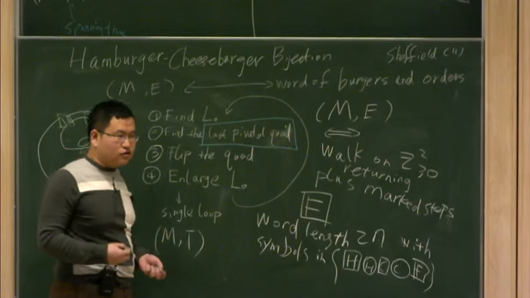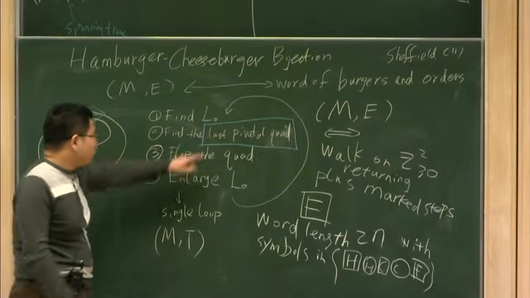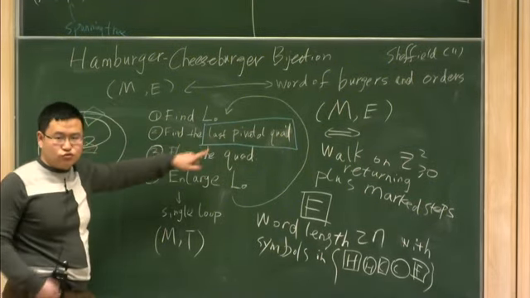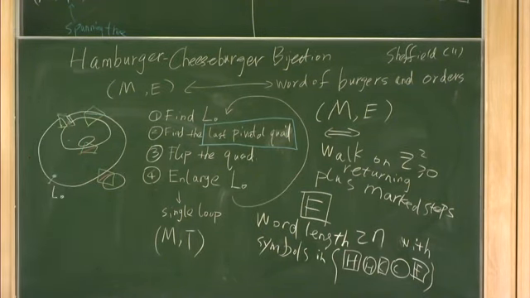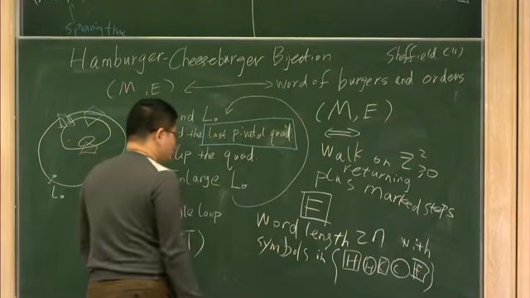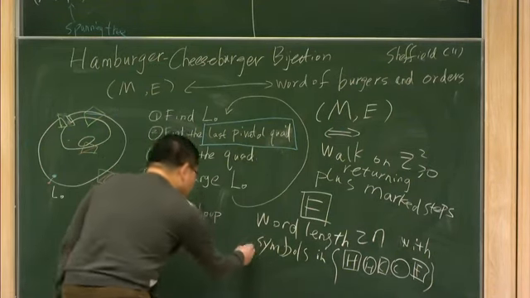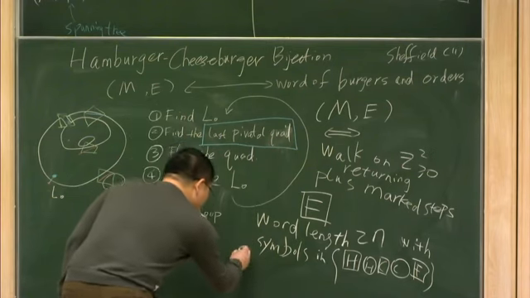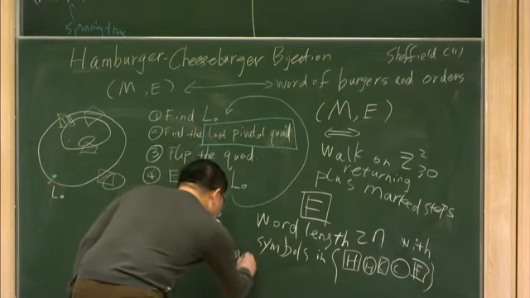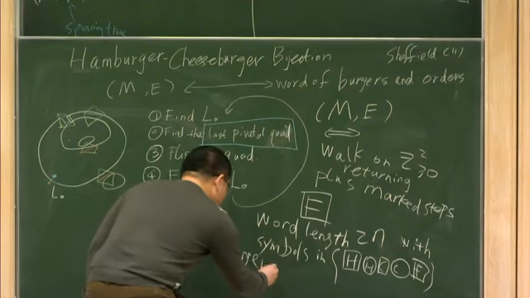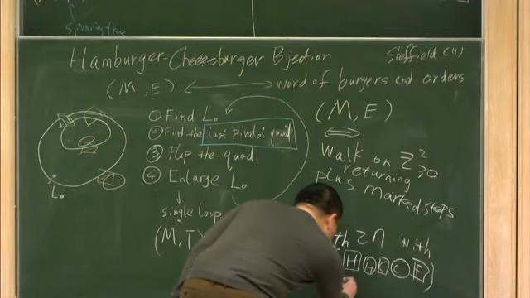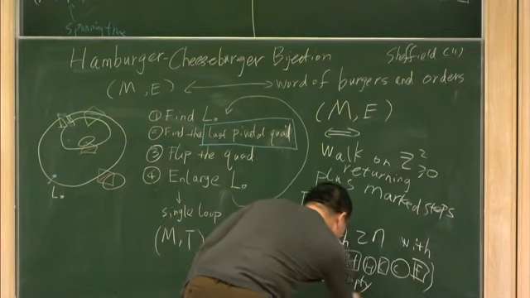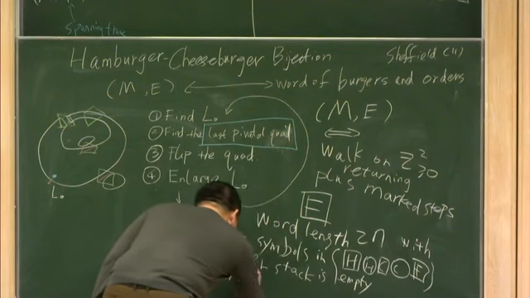It works because of the particular rule you choose for quadrangles. So it also satisfies the rule that the burger stack is empty and the order stack is empty.